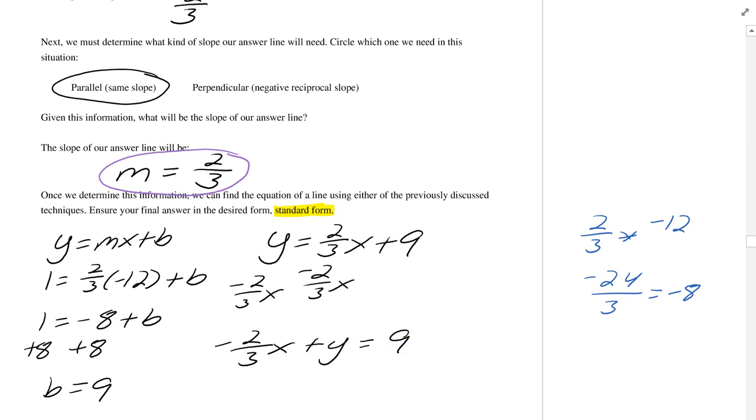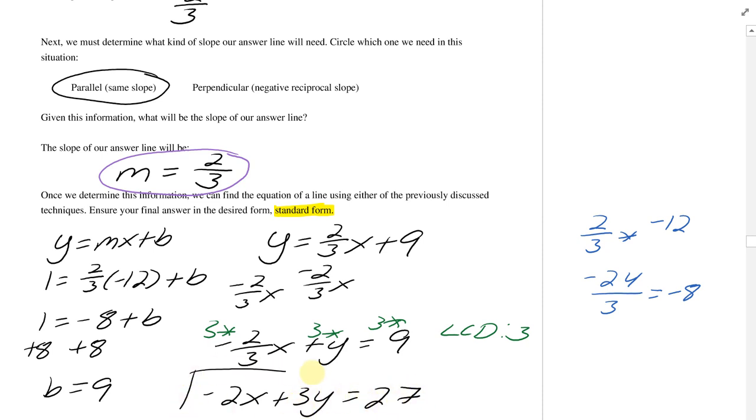So now I just have to multiply by the LCD of all my fractions here, which would be 3. So I multiply everything times 3. And ultimately this becomes negative 2x plus 3y equals 27. So there's all the work for that particular solution.